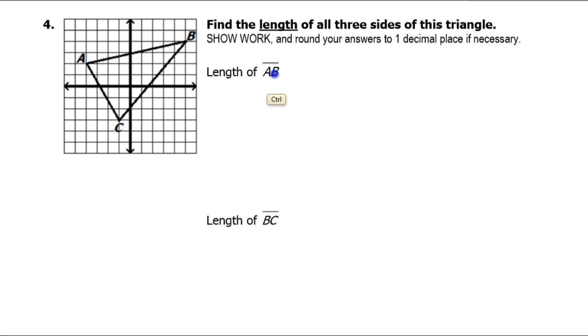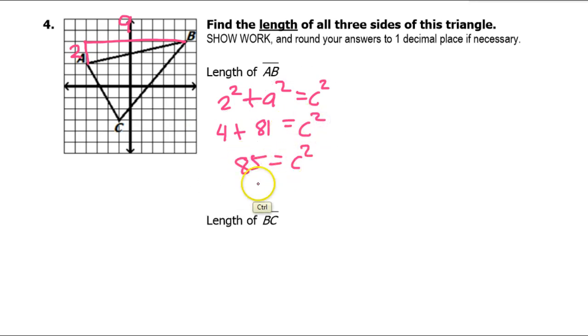So for example, if I want to find the length of AB, I can make this little right triangle out of it, where AB is the hypotenuse. So this leg is 2, and I have 4 and 5, so this is 9. So 2 squared plus 9 squared is equal to c squared. That gives me 4 plus 81 is equal to c squared. So 85 is equal to c squared.